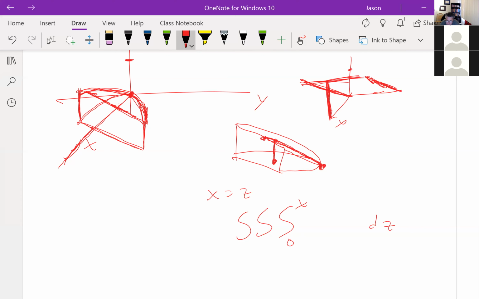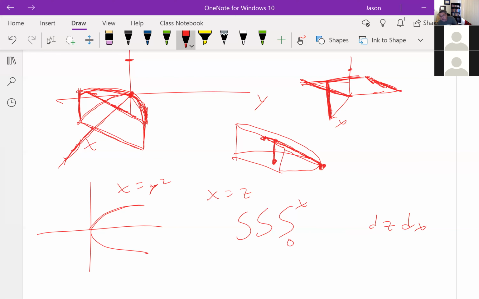Okay, what's y going to go from? Well, we have this guy here that looks like this. So I really don't want to do y next. I want to do x next. Why? Because it's x equals y squared, right?